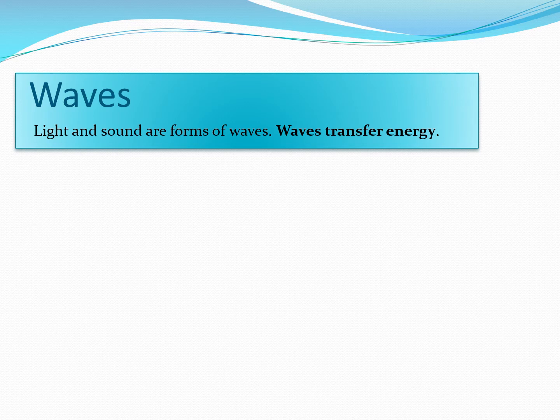Waves can be described as a disturbance, something that is travelling through a medium. It could be travelling through the air, through water, through glass, through the earth. But the key thing is that they are transferring energy. Waves can transfer different types of energy, and the ones we're going to be more focused on are ones that transfer light energy or sound energy.